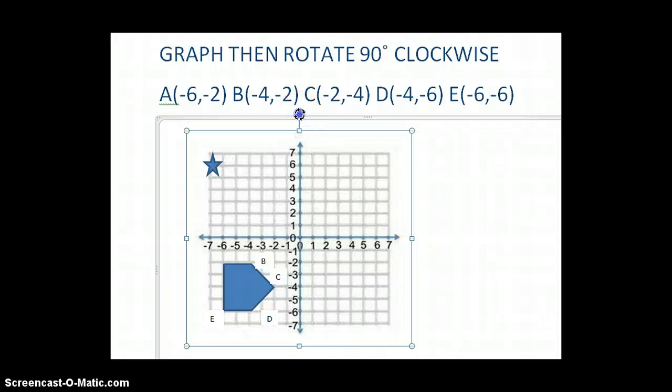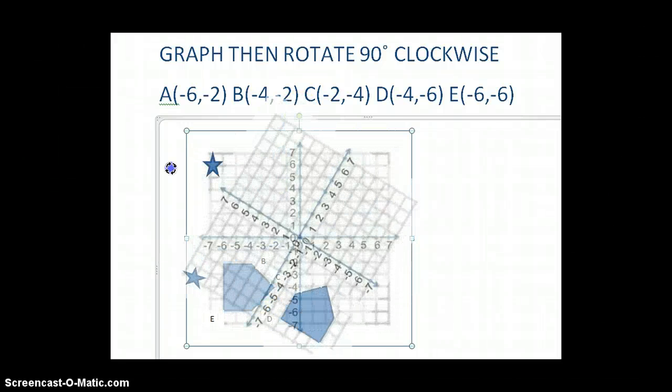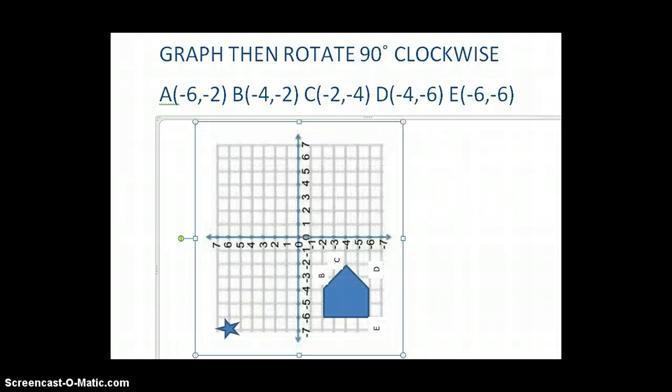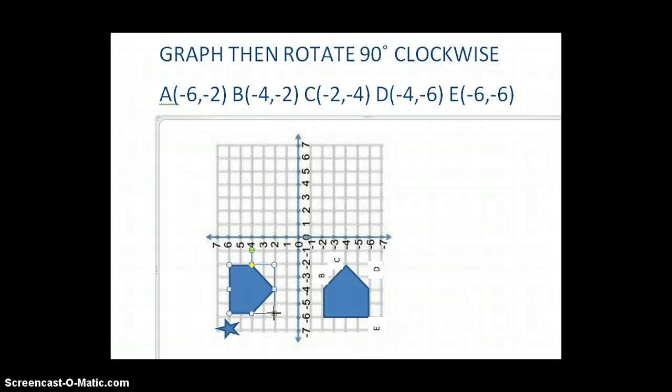So now you would take your graph and rotate it to where the star was over the original shape. And now you just need to draw your shape again. So -6, -2, -4, -2, -2, -4, -4, -6, and -6, -6.